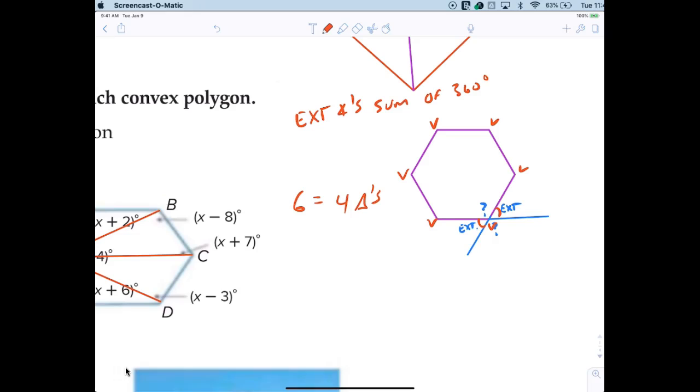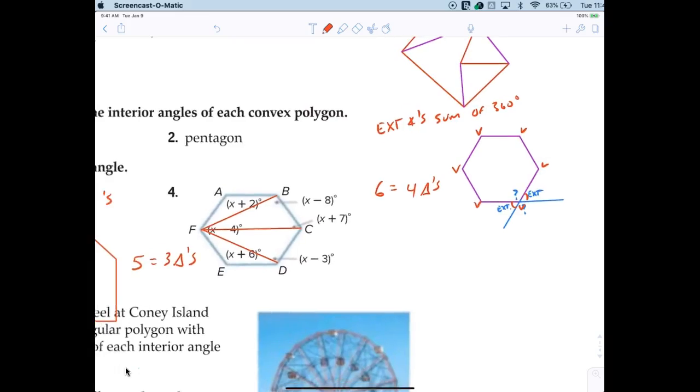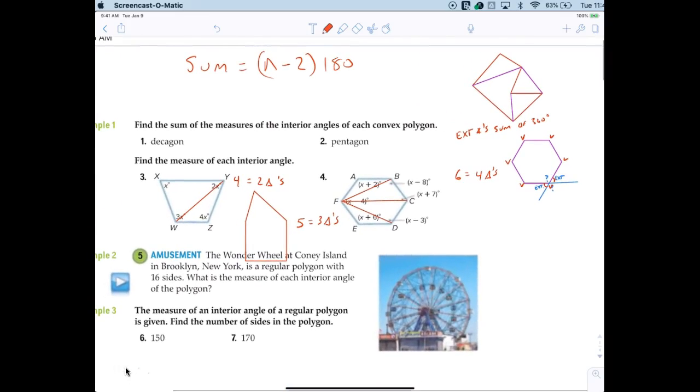The sum is 360 degrees. The interior angles can change, sum-wise, but the exterior angles always equal 360. So I think we've discussed everything in this unit.